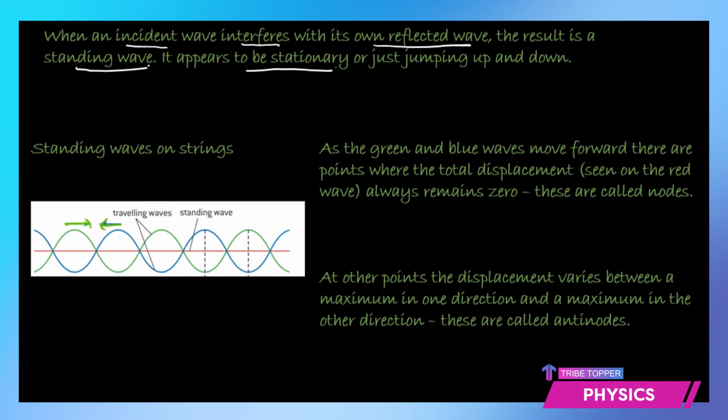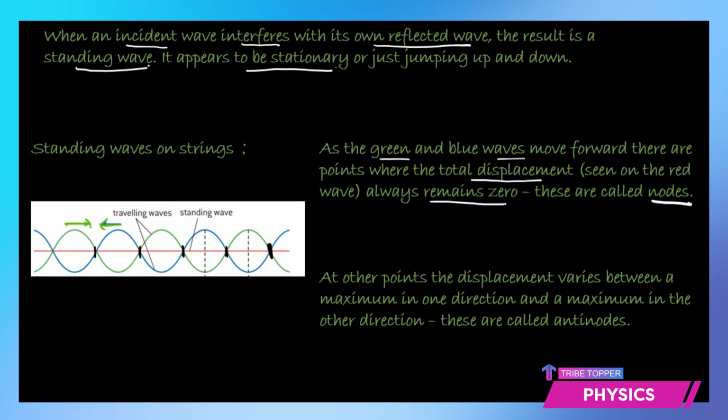If we talk of the standing wave on these two strings, there are some very important points. They are nodes and antinodes. As you can see, the green and the blue waves move forward. There are points where the total displacement always remains zero. These are the points where they interfere such that the resultant amplitude is zero, and they are called the nodes.